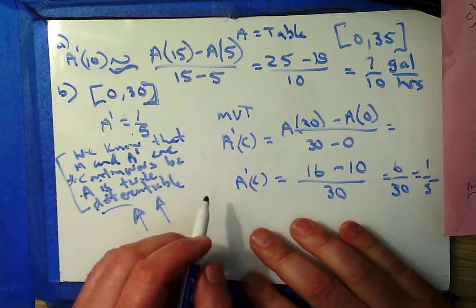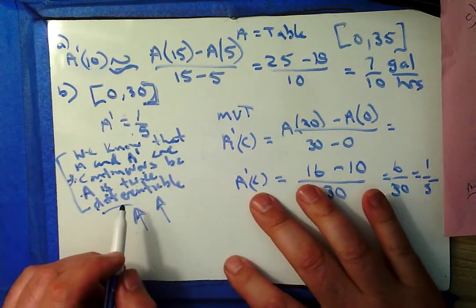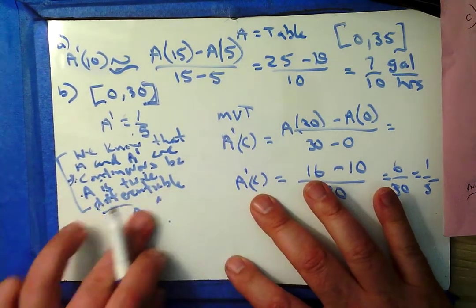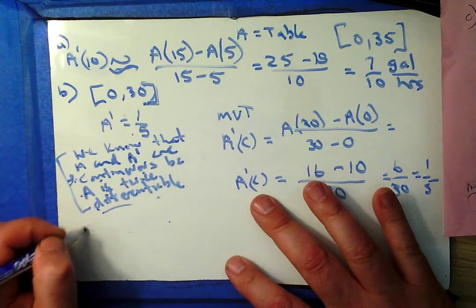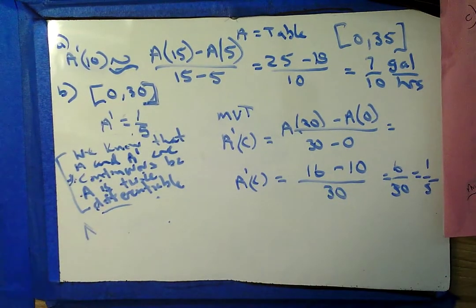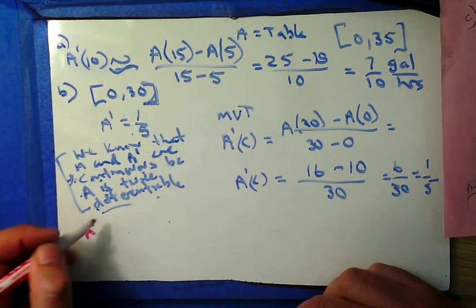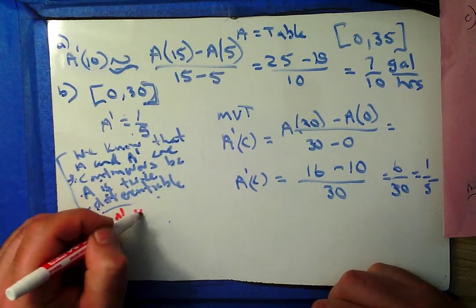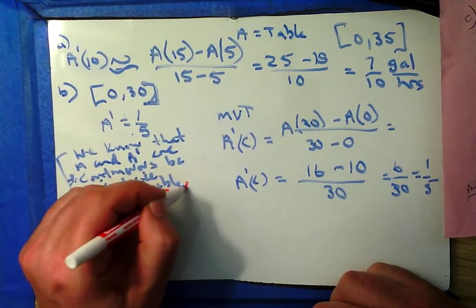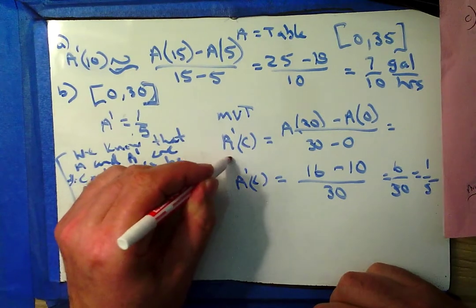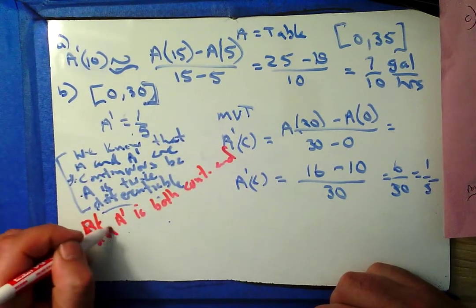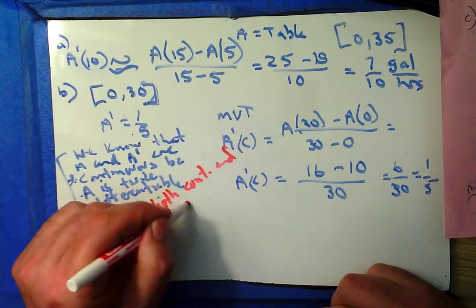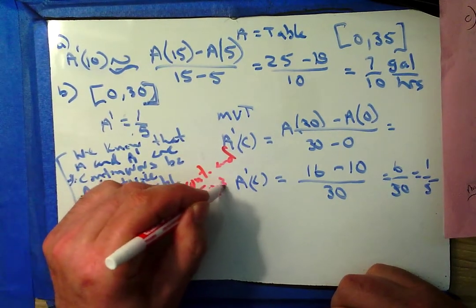So, what do I have? I have A prime is both continuous and differentiable. Please write that down. In fact, I'm going to write that down. I'm going to change markers and take the strident red: A prime is both continuous and differentiable on 0 to 30.